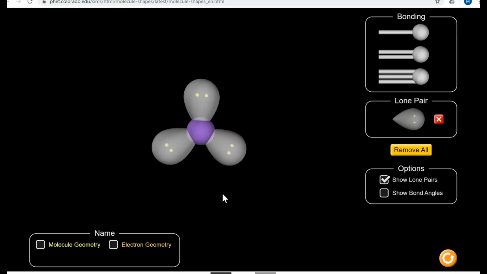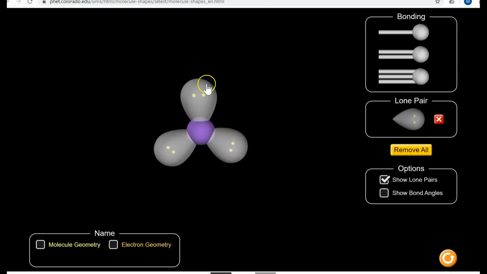Now, very often, the name of these shapes is based on what would happen if you connected the outside points of all the electron regions. So I hope it makes sense to you that you can see the triangle, the 3 sides.